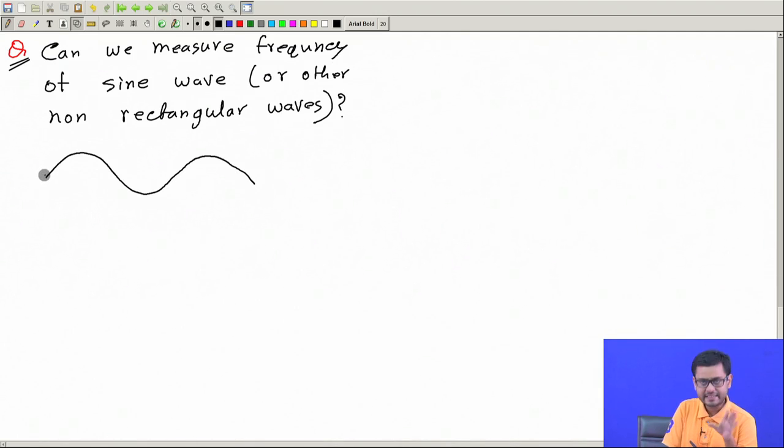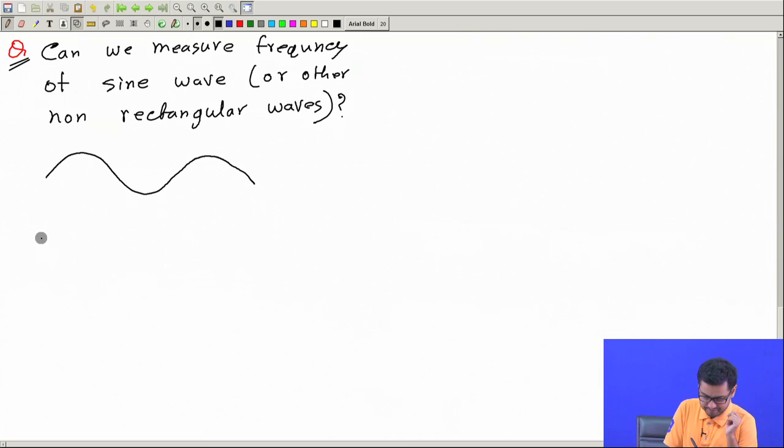Let us take it for granted that a digital counter works reliably or predictably only if the input to it is a rectangular or square wave with logic levels high and low. So, this sine wave we should not give directly to the counter.